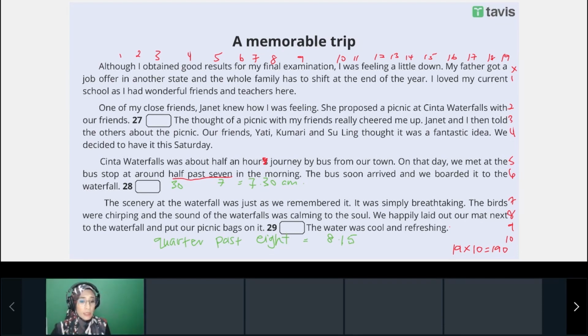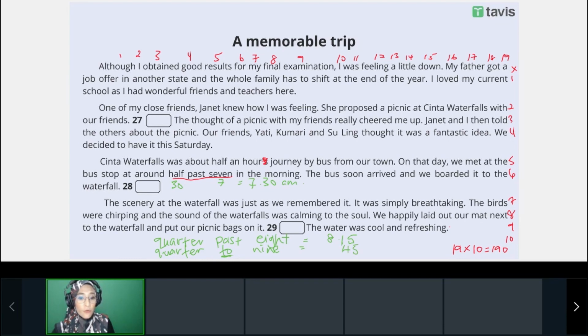But if you have quarter to 9, for example, it means that it's closer to 9 o'clock.